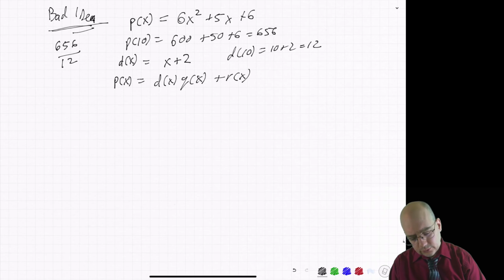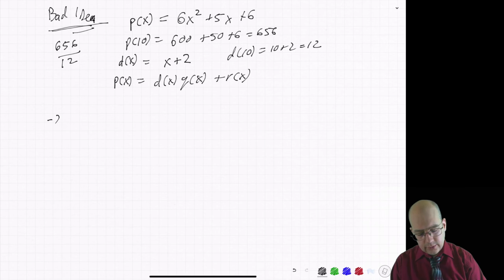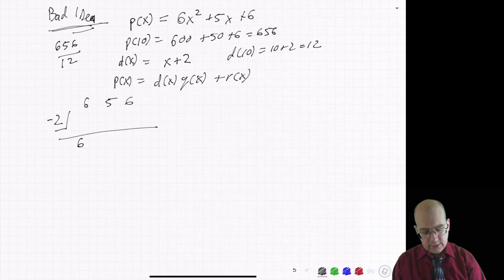All right, so synthetic division. I'm dividing by x plus 2, so I put a minus 2 there, with the numbers 6, 5, 6. And I just do 6 times minus 2 is minus 12, which gives minus 7, times minus 2 is 14, which gives 20, right?